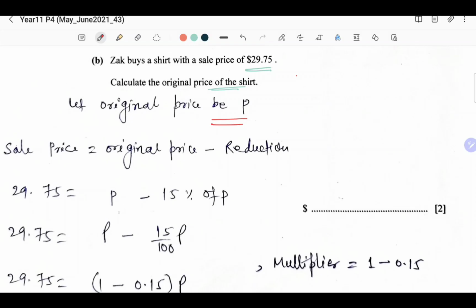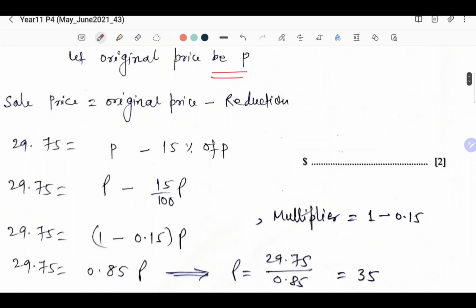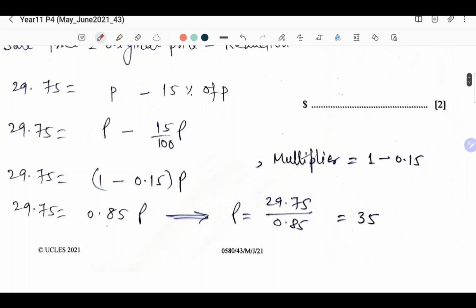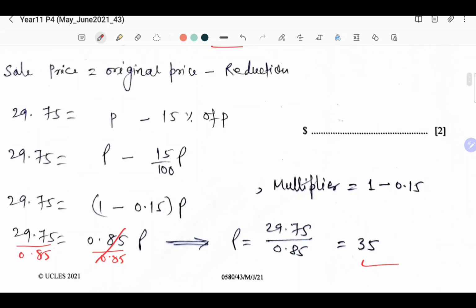Original price I had assumed as P. So P minus 15% of P, that is 15/100. Now P we can take common, 1 minus 0.15, that's 0.85. Now you can divide by 0.85 here, and here also 0.85, which gets cancelled. P equals 29.75 over 0.85, you will get 35.